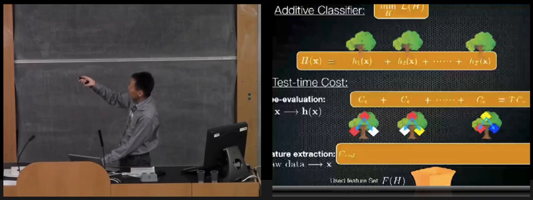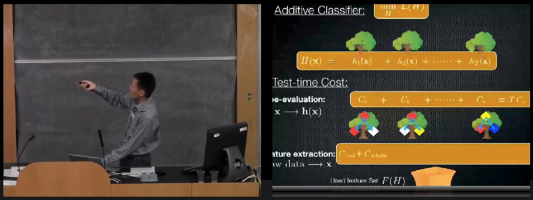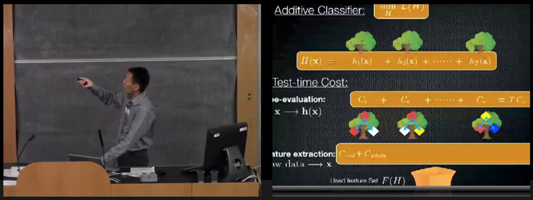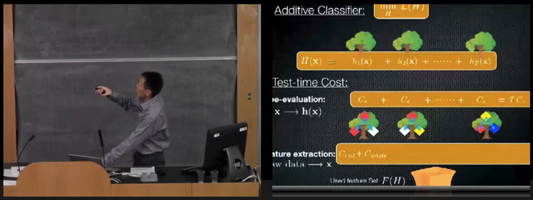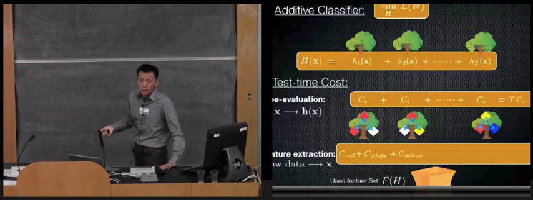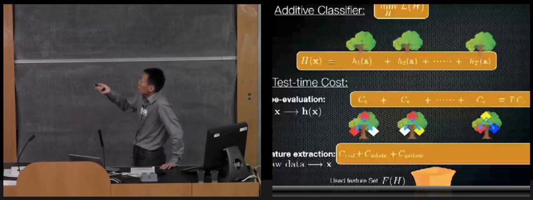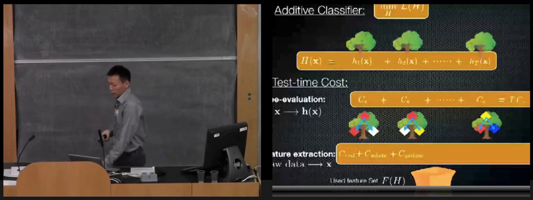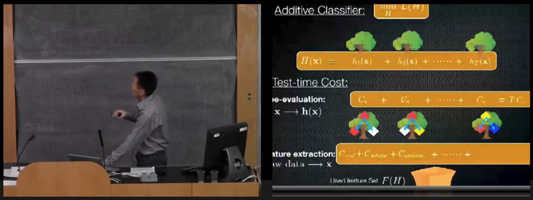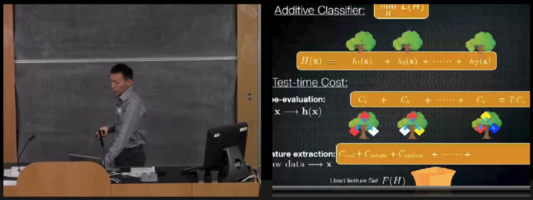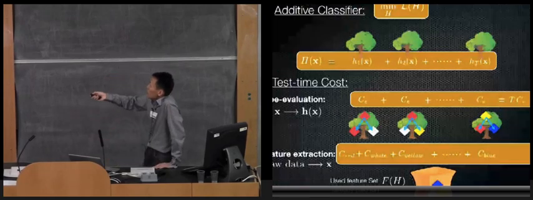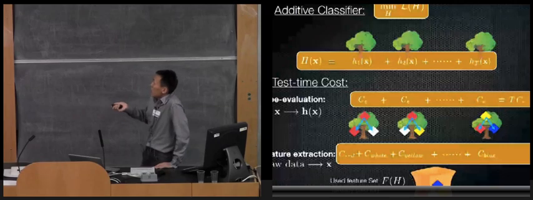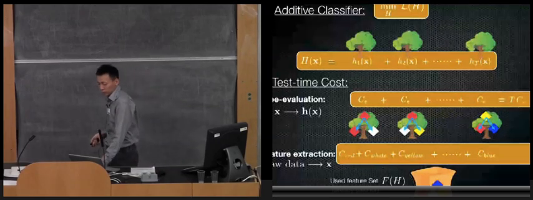The second split is also on the red feature, so we don't have to include it again. The only new feature is the white feature. For the second tree, because the red and white features are already extracted and paid for, the only new feature is the yellow feature. The same for the last tree, where the only new feature is the blue feature. So the total feature extraction cost is the sum of all the feature costs in the used feature set.